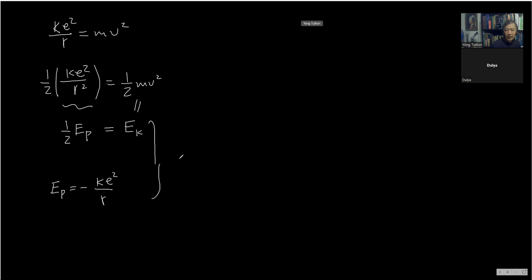So in this way we can work out the total energy. That is what I'm looking for. From here we count the total energy of the electron.